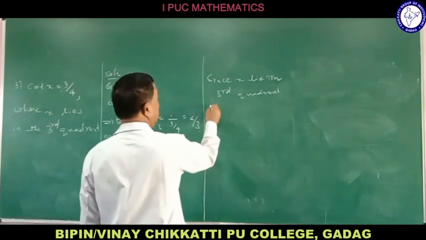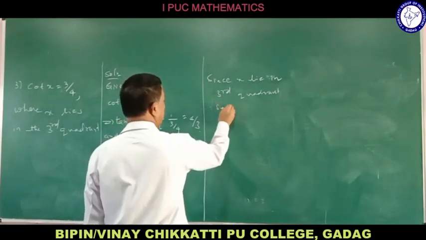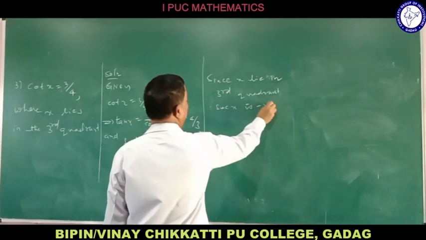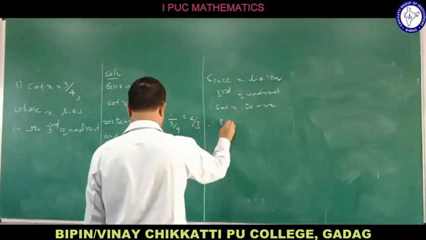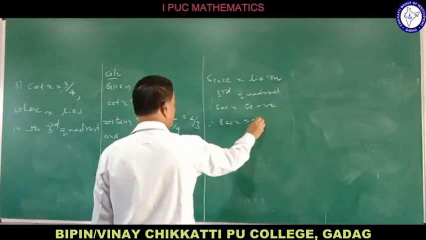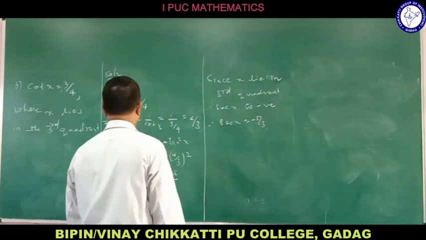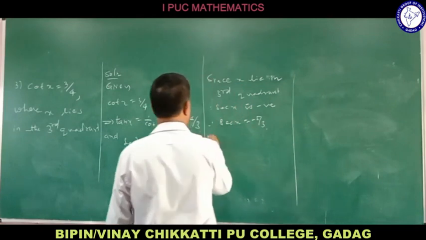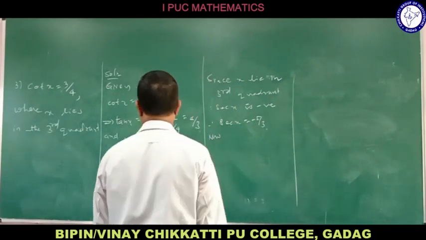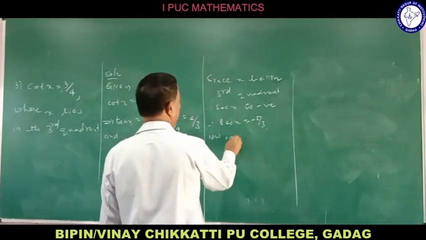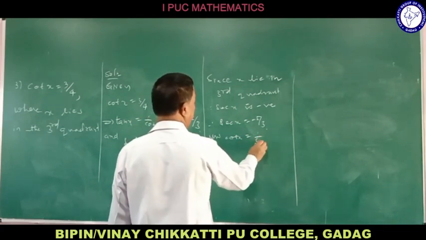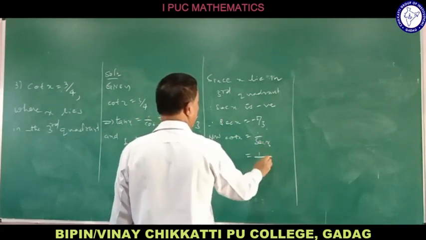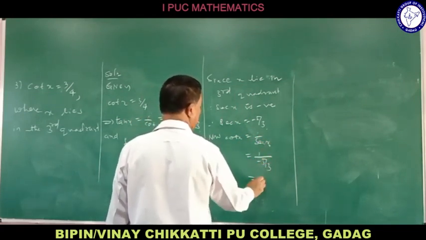So since x lies in the third quadrant, therefore sec x is negative. Therefore sec x is equal to minus 5 by 3. Now we understand that when sec x is equal to minus 5 by 3, cos x is equal to 1 upon sec x. 1 upon sec x is minus 5 by 3 reciprocal, this is minus 3 by 5.